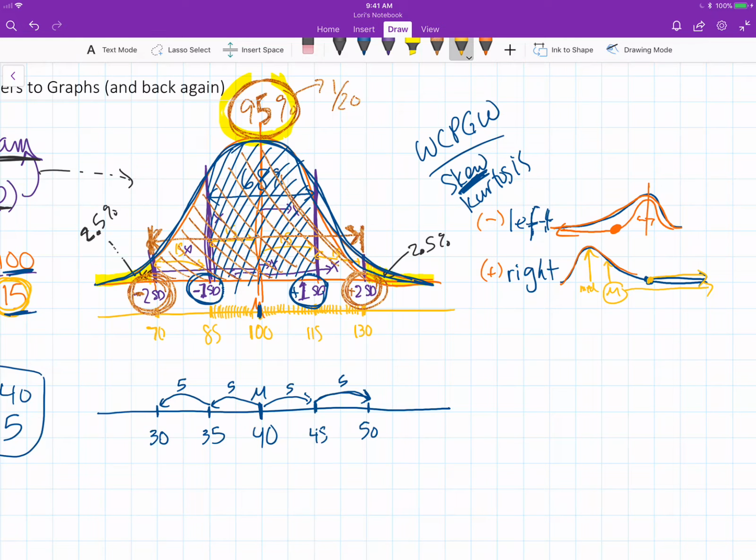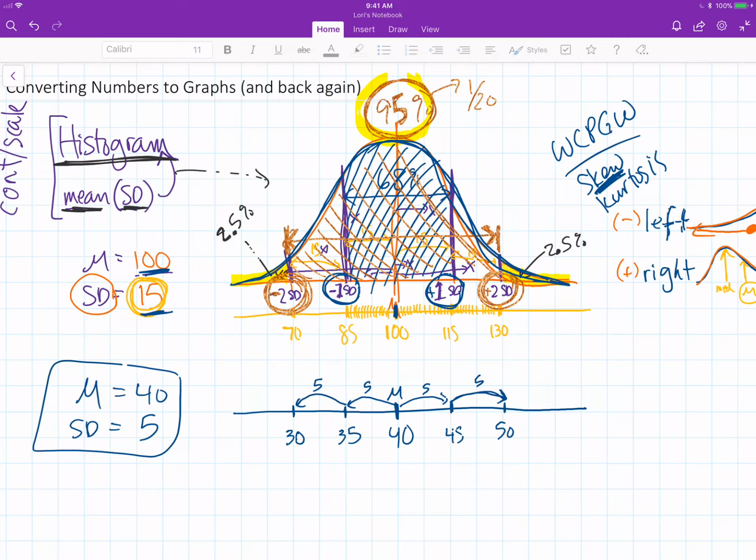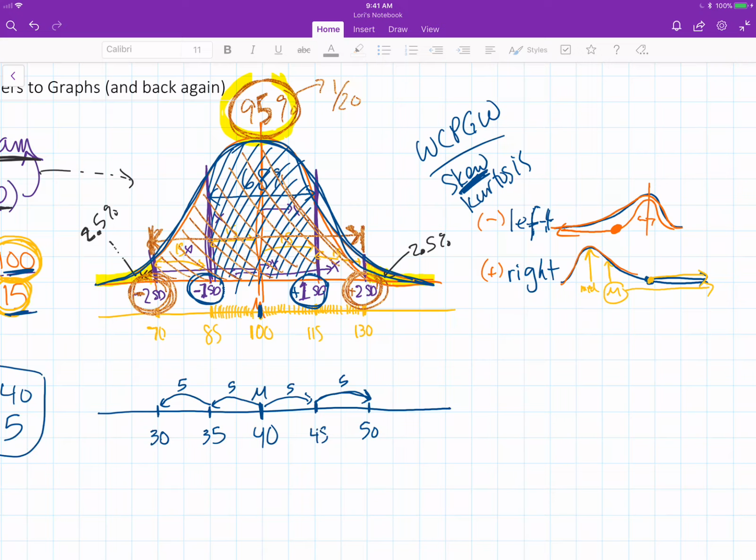And so that can be problematic because what we've said is our middle is in a specific place. Well, when we have skew, our middle really isn't necessarily a good depiction of where the middle is. In other words, drawing a histogram would be deceptive when we have significant right or left skew. The other thing that can happen is if you even have a single outlier.